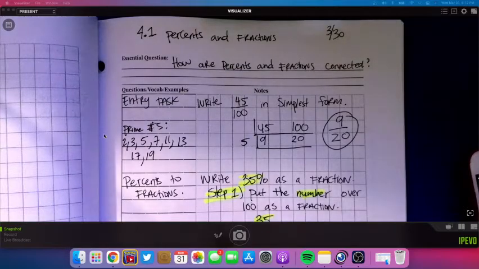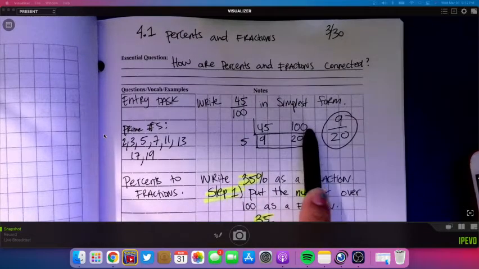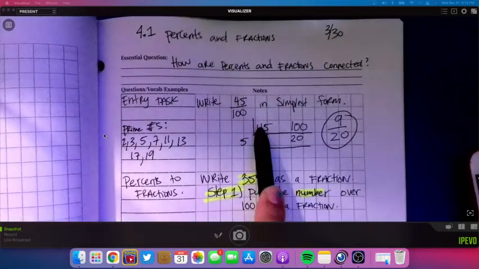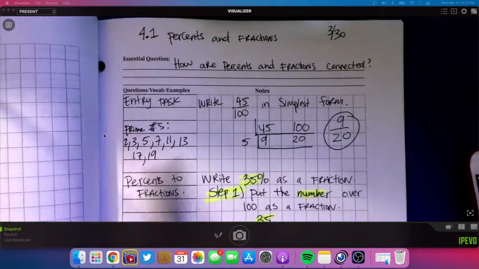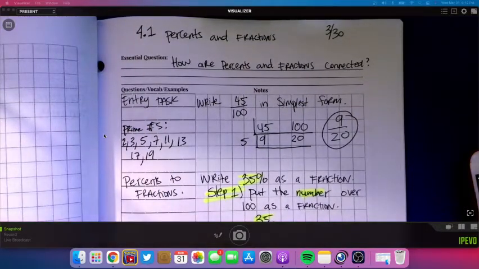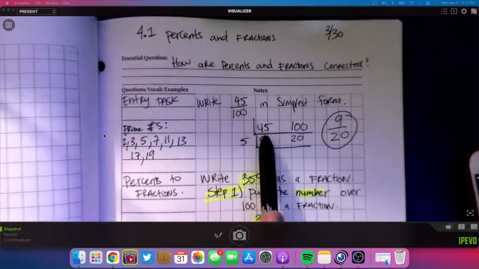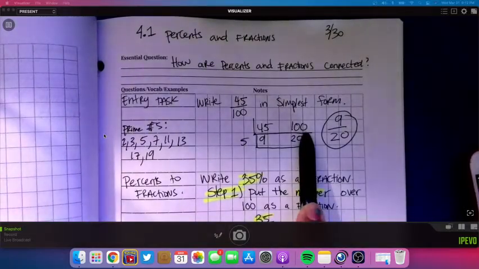So our entry task, we wrote 45 over 100 in simplest form, and to do that we use the ladder method. The ladder method is as follows. You write the numerator and the denominator, and then you find a prime number that you can divide both numbers by. Here are some prime numbers I wrote down. A prime number that you can divide 45 and 100 by is 5.